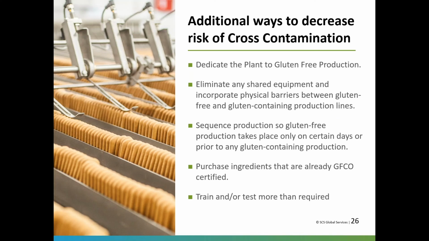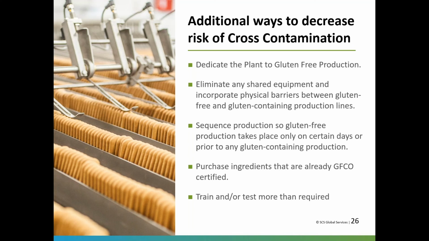Here are some additional tips. You can reduce the risk level of your facility by dedicating it to gluten-free production. That's definitely not an option for everybody, I understand that. You could also reduce your plant risk level by eliminating any shared equipment. You can incorporate physical barriers between gluten-free and gluten-containing production lines and dedicate those lines to one or the other.